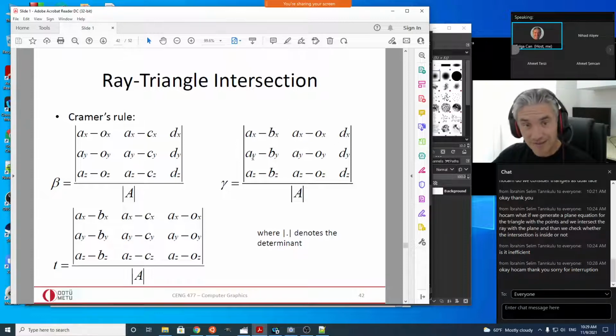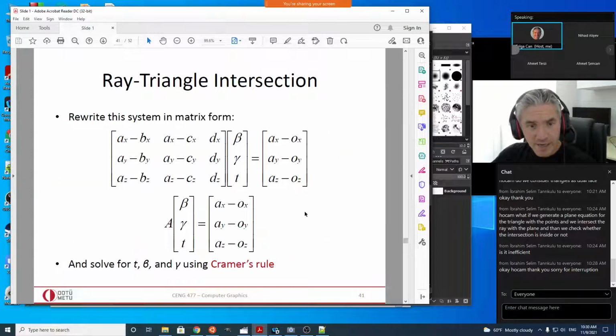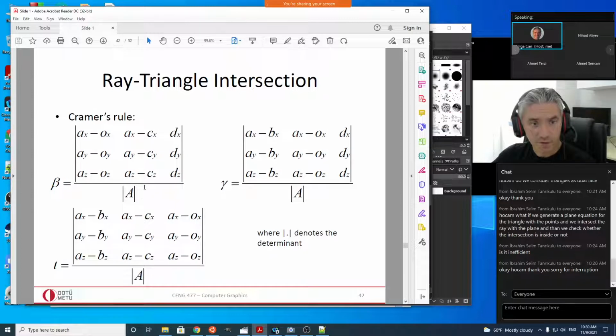All of the things inside these matrices are known. Okay, and by the way, this A matrix is this one. It's also something that we know. So you just call the determinant function 4 times, and compute these things.